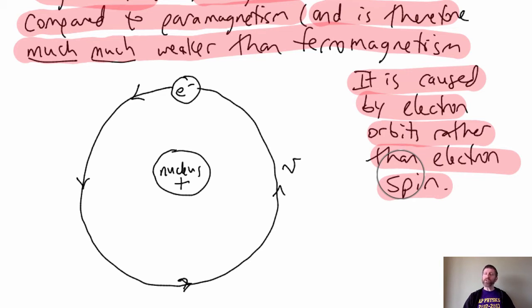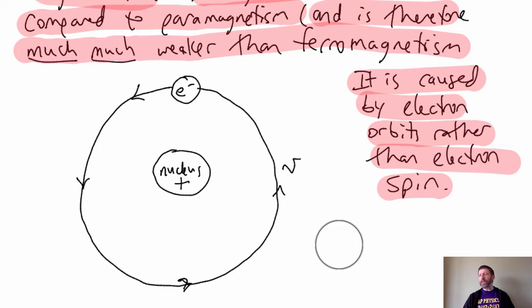Not due to its spin, which I've not included here. We have to use the left-hand rule for a coil, and the electron going around this way is going to create a magnetic field that is into the page.